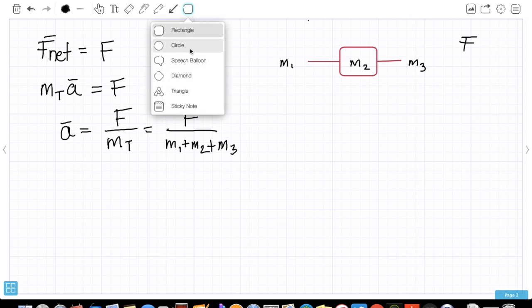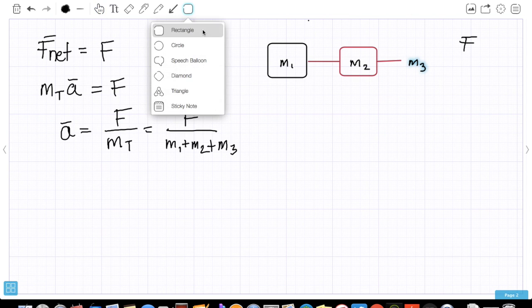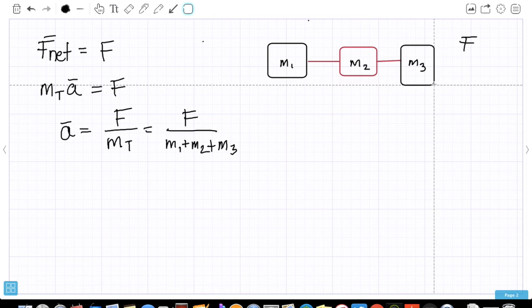So bring back these blocks here. Right now I'm just going to focus on M1. And my goal here is to figure out what the tension force is between M1 and M2. There's another tension force between M2 and M3, and we'll call that T2.